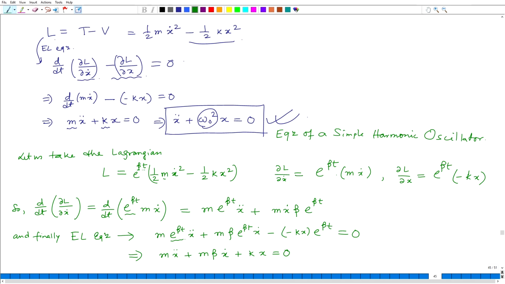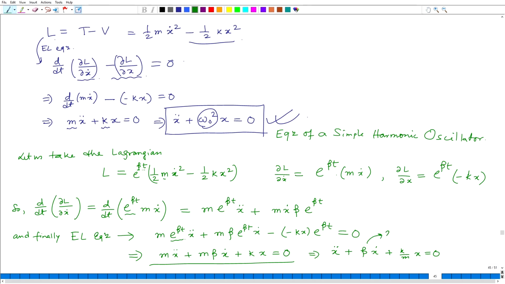Okay. So, if you now write this, you will actually see that I can just divide the whole equation by m, and I can write x double dot plus beta x dot plus k by m x is equal to 0.